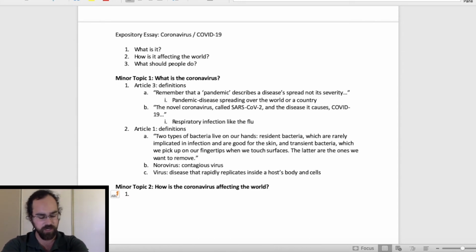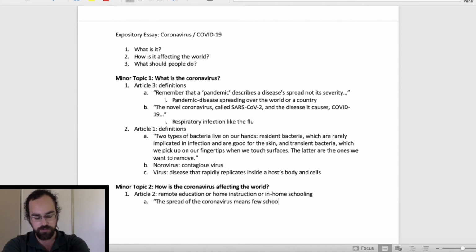So for Article 2, they talk a little bit about remote education or home instruction or in-home schooling, however you want to phrase it. The information was kind of the same. So this is from Article 2, and I found the direct quote: the spread of the coronavirus means few school classes in South Korea.